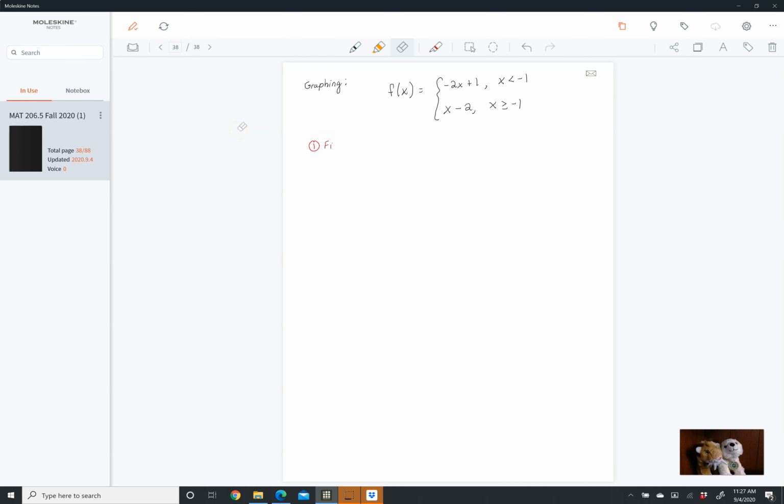First thing that you're going to do is you're going to find your wall. So our wall we find from here, right? This is our wall up here. We have 2 functions, that means 1 wall, and our wall is at negative 1.